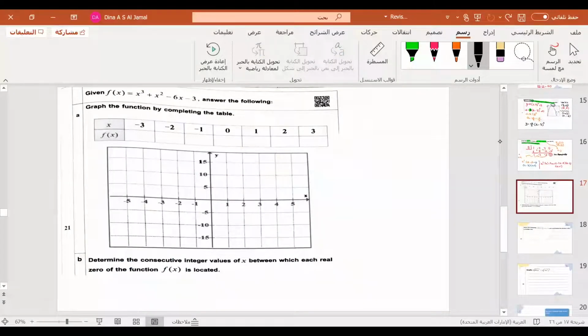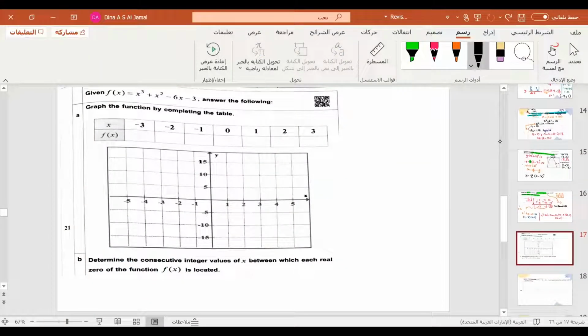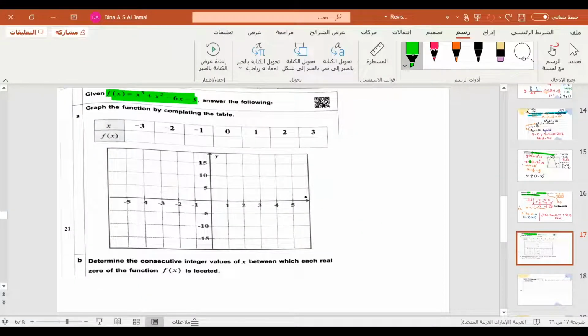Now let's go to the last 3 questions in this exam. So you are given a function and he would like you to substitute and complete the table. So whenever you would like to complete the table, you need to substitute with these values. So let's see the numbers. So here, after substitution, it will be -3.